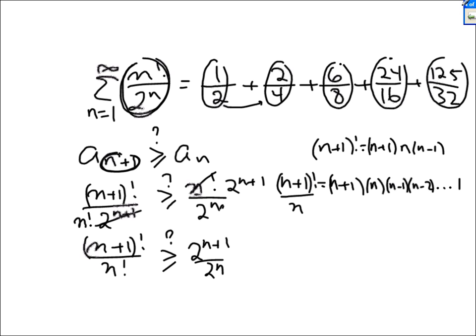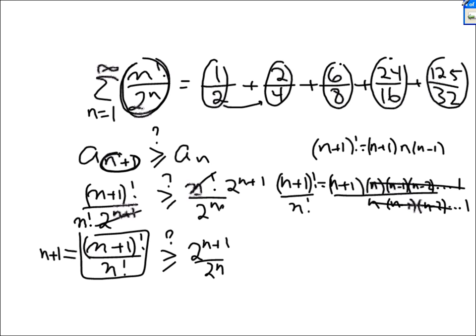Now we divide this by n factorial, which is n times n minus 1 times n minus 2, all the way down to 1. This cancels out, and you just get n plus 1.